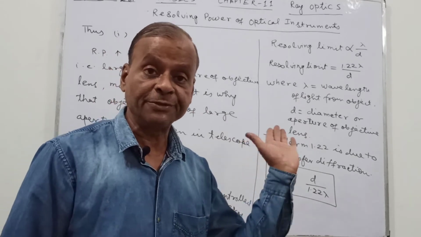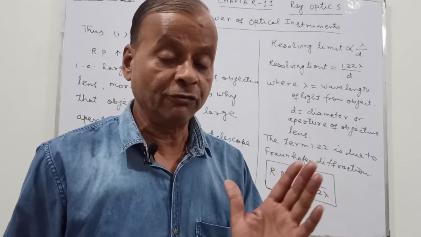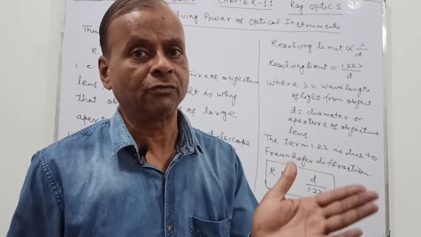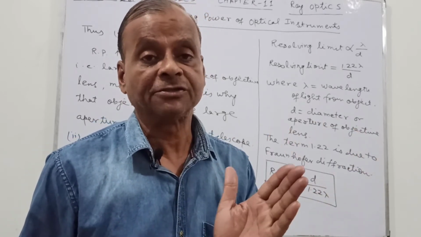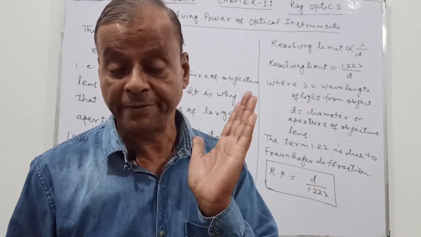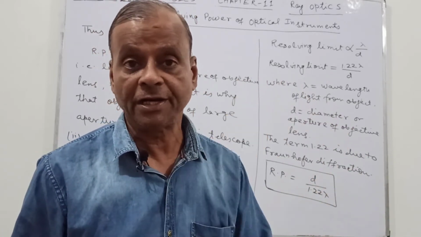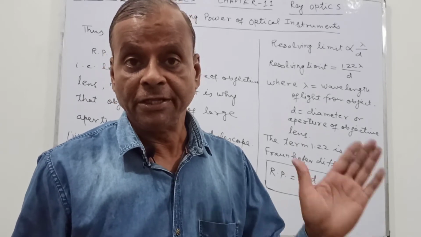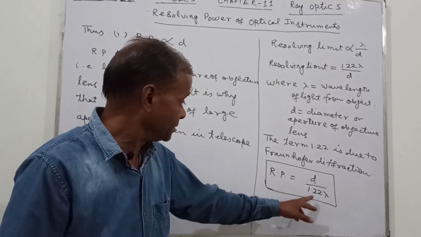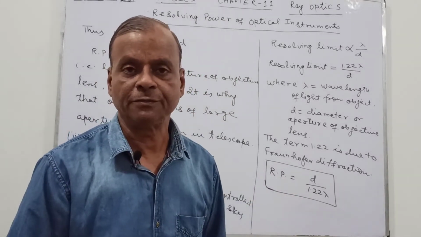If we see the visible light, from red to violet the wavelength decreases. The wavelength of red is more than that of violet. So if we select the violet color, then we have this RP to be maximum.